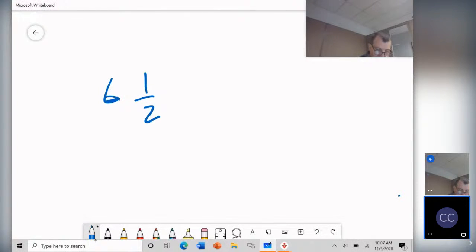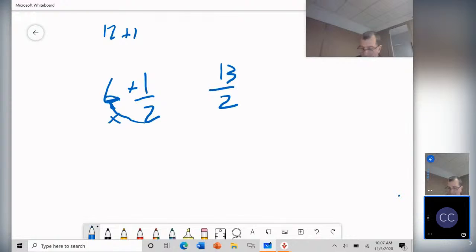Let me make sure you said 6 and 1/2. So multiply the denominator times the whole number. That's going to be 12. Plus the 1 is going to be 13 over 2. Okay? So it's just taking the denominator, the bottom number, you multiply it times the whole number, and then you add the numerator, the top number, and that's going to give you an improper fraction.